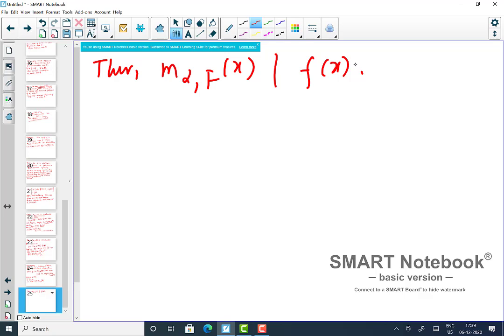Then what can you say? Obviously, if something is algebraic over a smaller field, it is also algebraic over a larger one.